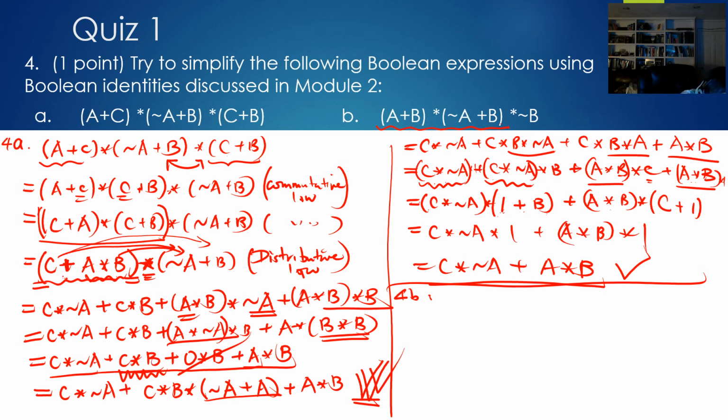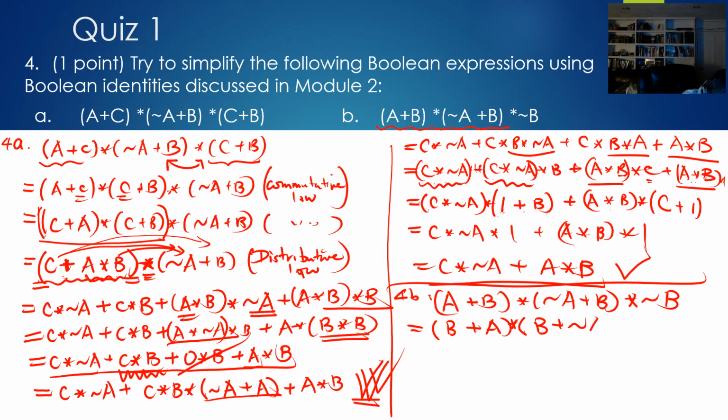So A plus B times tilde A plus B times tilde B. So now if I switch the order, I can put B plus A times B plus tilde A times tilde B. Now I can use the distributive law.